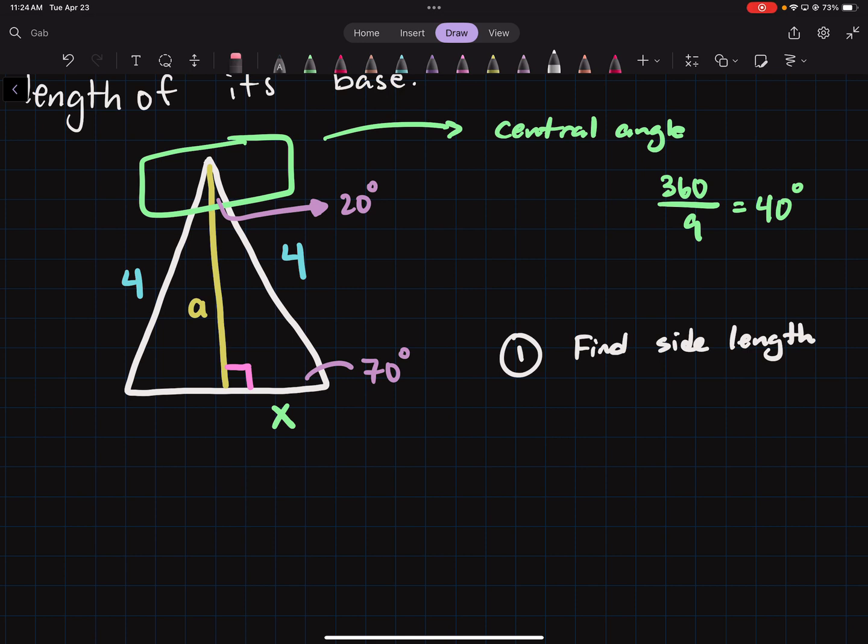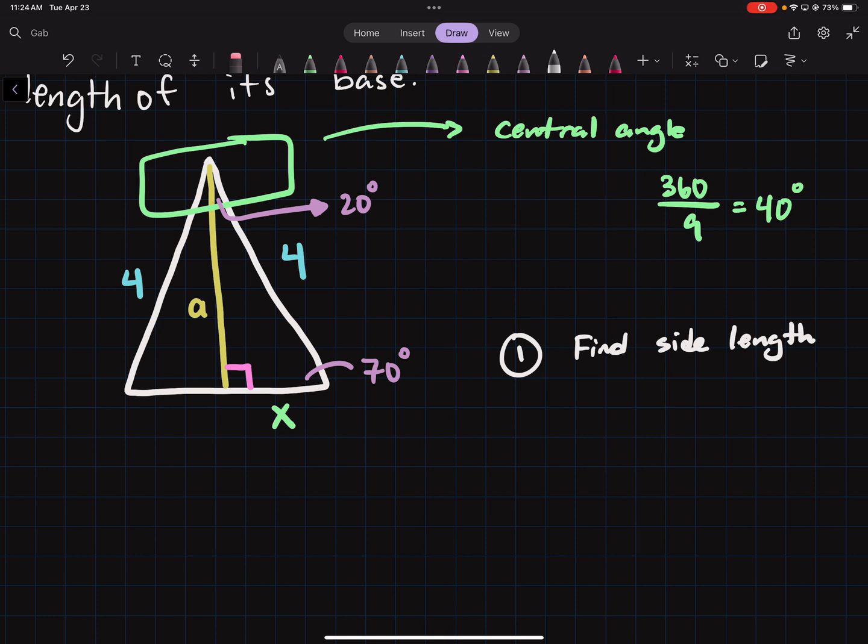What is the big thing we did with right triangles? Special triangle. Not special. There is no special 20, 70, 90. Pythagorean theorem. Nope. 4 squared plus x squared equals. You said no already.